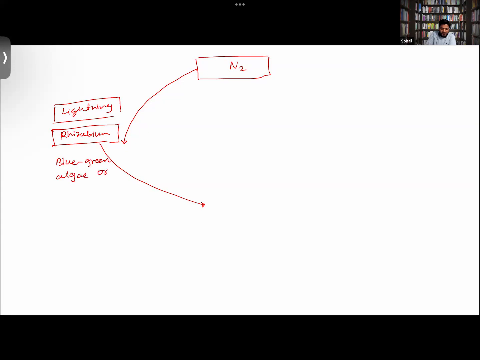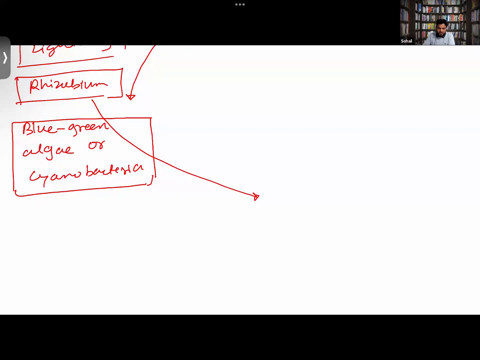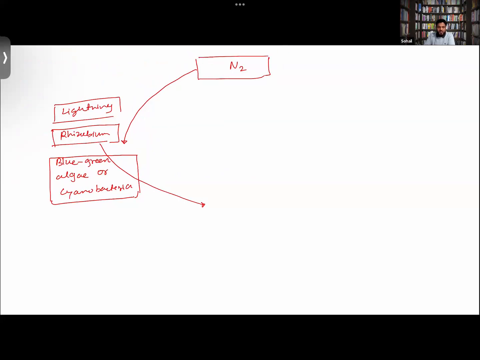Animal excretion is also there, but there too we see that certain bacteria play a role. The nitrogen will be converted into compounds of nitrogen in the soil.